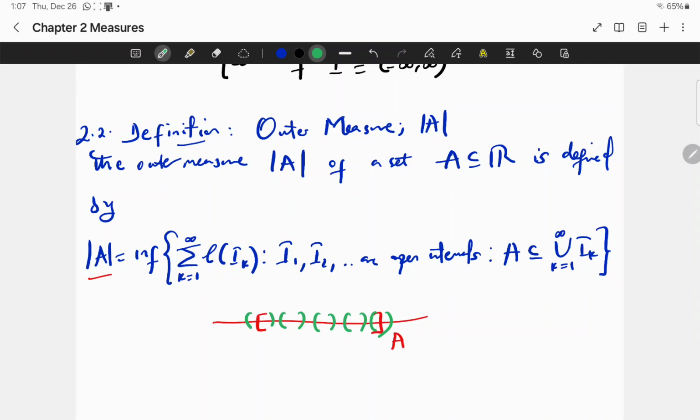It's not necessary that they are disjoint, there can be an overlap, but the main point is that these I's must cover the whole of A. Then we take the infimum over all these possible open intervals of the sum of their lengths, and that should give us the size of A. That is just the basic idea.